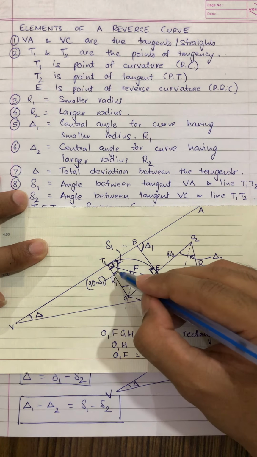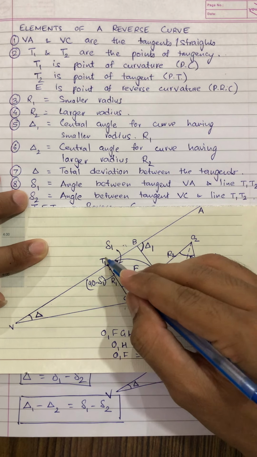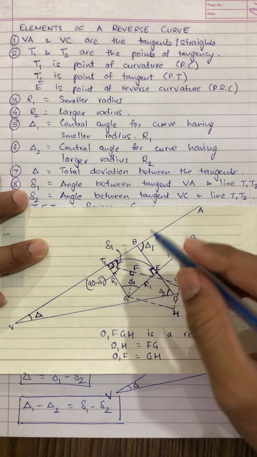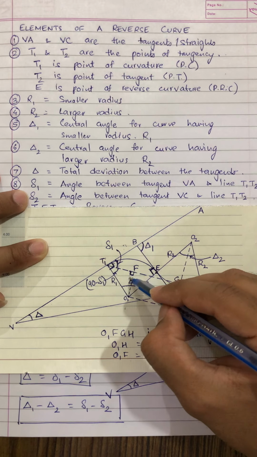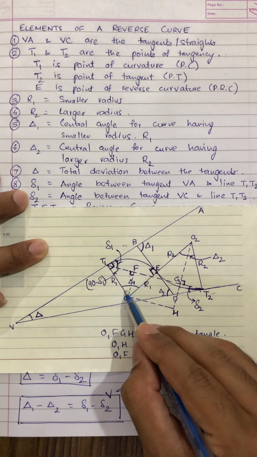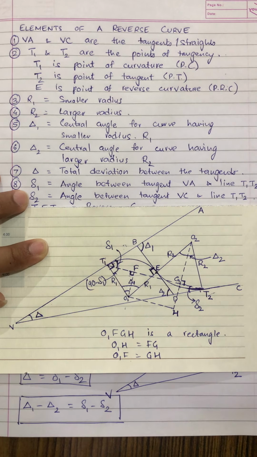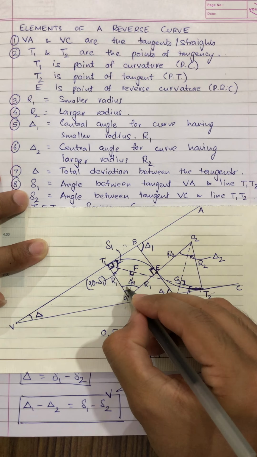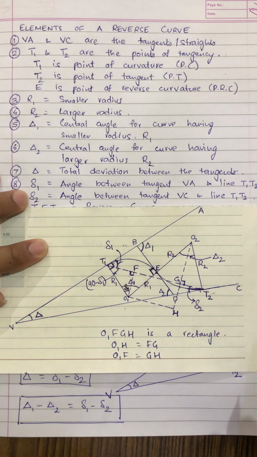Fine. Now if we consider this triangle T1 F O1, here this angle is 90 minus del 1 and this is 90. So this angle will obviously be equal to del 1.